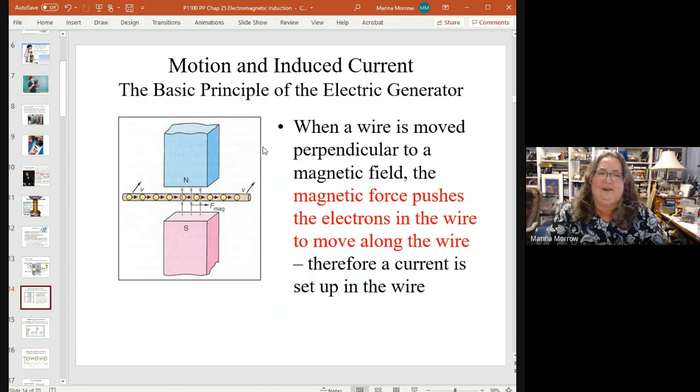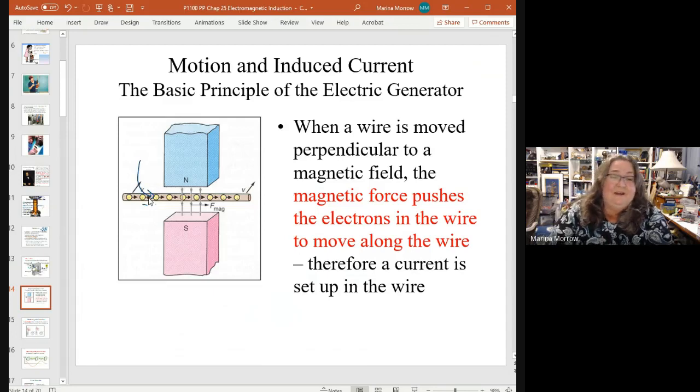Now, how does this occur? Well, remember when we talked about how charged particles that move through a magnetic field experience a force. So that's part of this also. So here we've got these charged particles, and what's happening is that we're moving the coil of wire, which has electrons in it, through the magnetic field. So we move the coil.